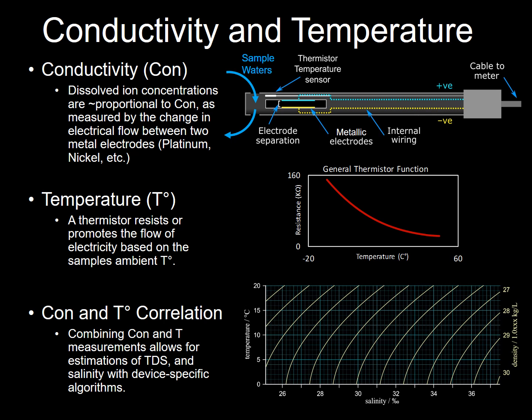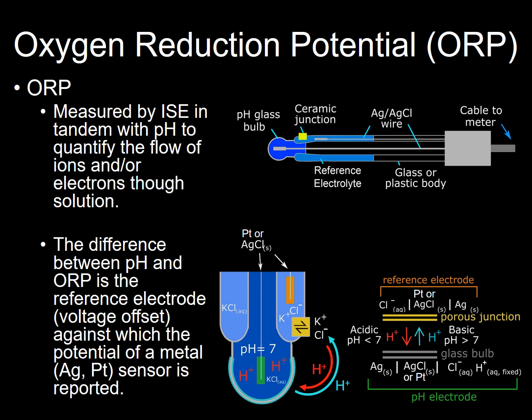Oxygen reduction potential, or ORP, is a measurement by an ISE and made in tandem with pH to quantify the flow of ions and or electrons through a solution. So this is kind of an interesting setup.